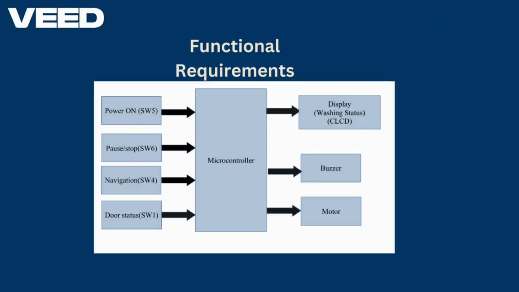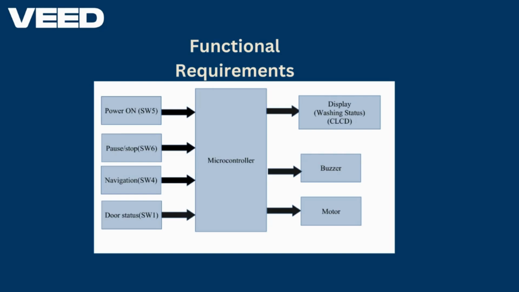First of all, to display the current status of our project, we are using a CLCD, which displays the status of the washing machine, like whether it is on, washing, drying, or squeezing. All these processes are mentioned on the CLCD.